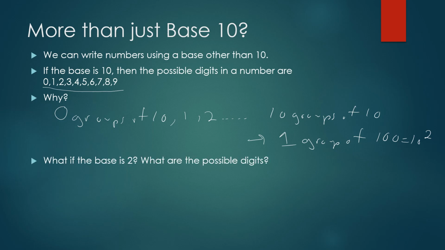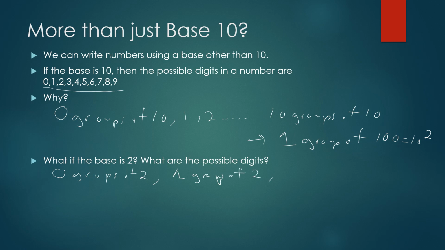So what about if the base is 2? What are the possible digits in this system? Well, we could have 0 groups of 2. We could have 1 group of 2.